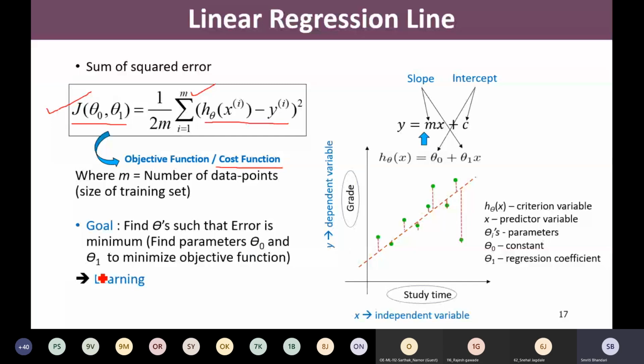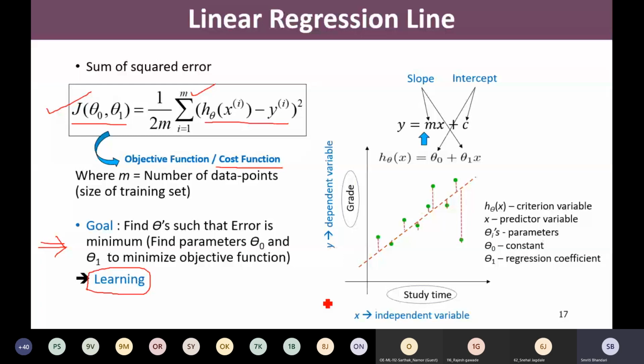And this goal of finding the parameters thetas that give the minimum objective function is nothing but learning.